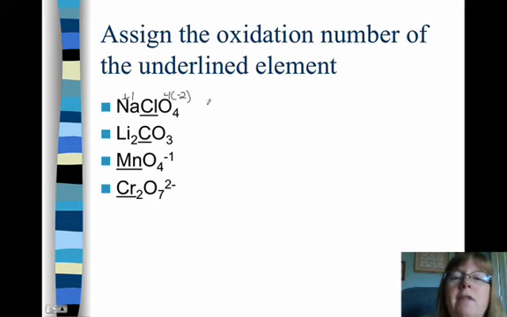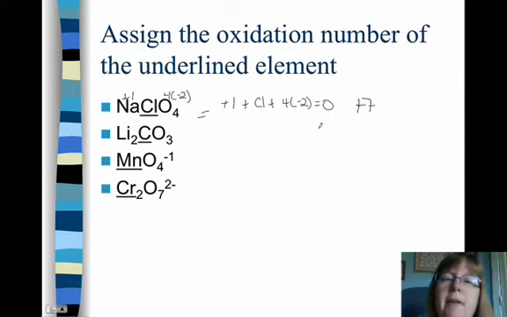All of this added together has to equal 0 because the overall molecule has a charge of 0. So we're going to do a little algebraic expression. +1 from the sodium plus whatever chlorine happens to be, plus that -8, the 4 times -2 from the oxygen, has to equal 0. So here we're seeing that chlorine has an oxidation state of +7.